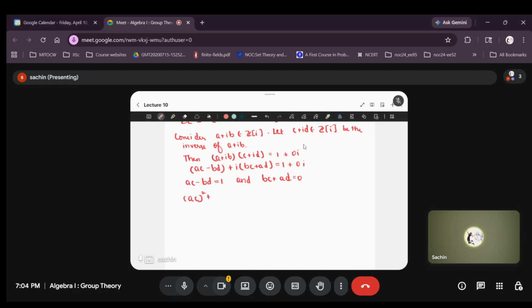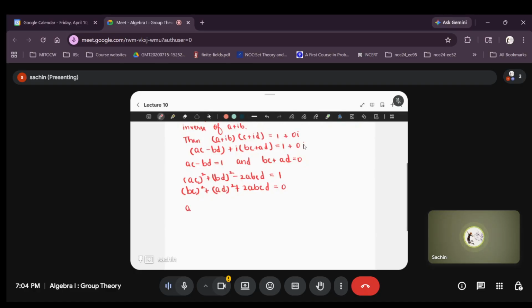AC whole square plus BD whole square minus 2ABCD is 1 square, equal to 1. And BC whole square plus AD whole square minus 2ABCD is 0 square, which is 0. If you add them, you'll get A square C square plus B square D square plus B square C square plus A square D square is equal to 1.